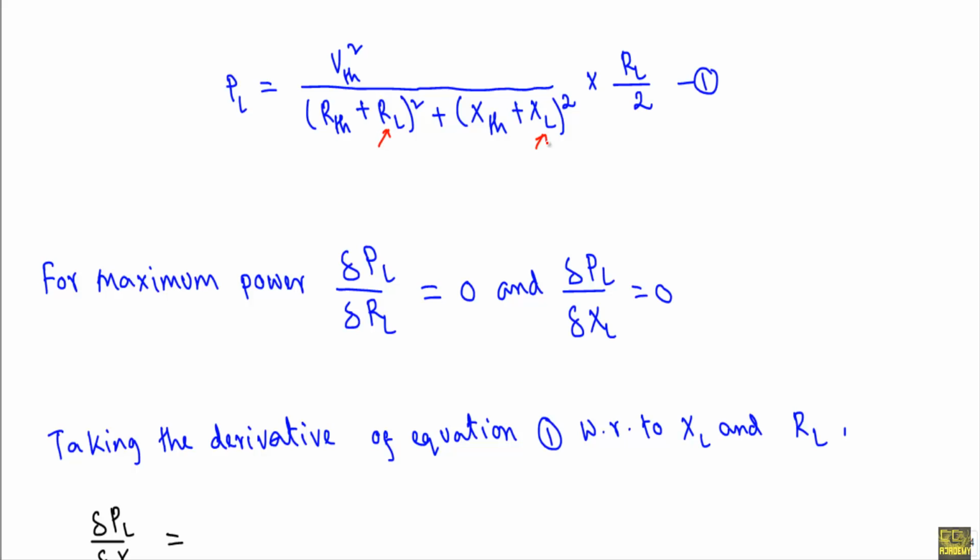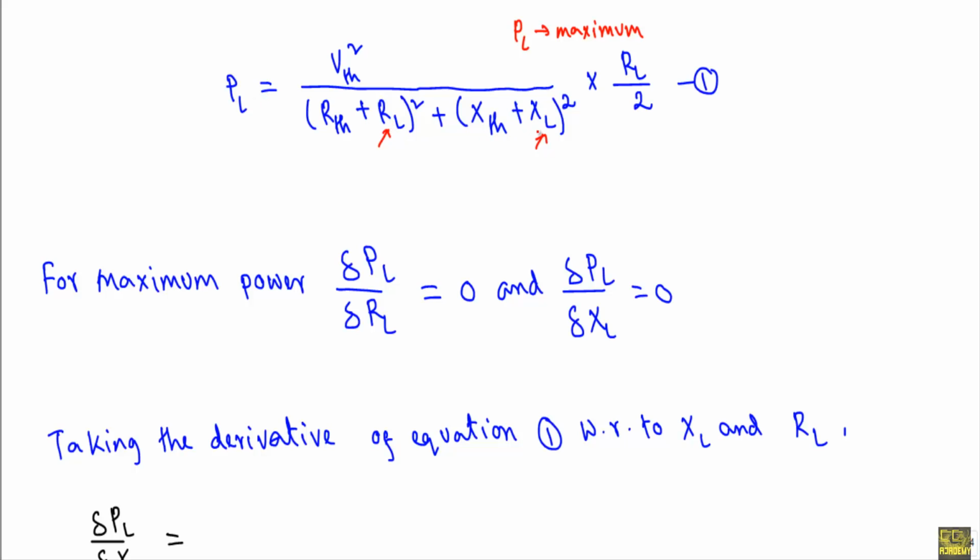Our objective is to adjust the value of load impedance parameters RL and XL so that PL becomes maximum. From calculus we know that at maximum point the slope of a function is 0. Here PL is a function of RL and XL.